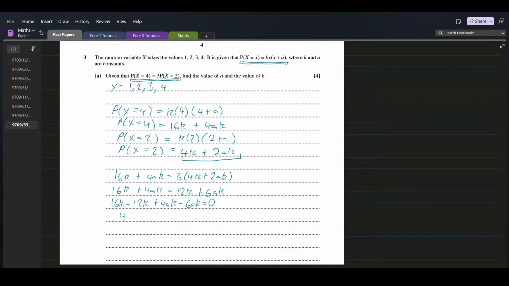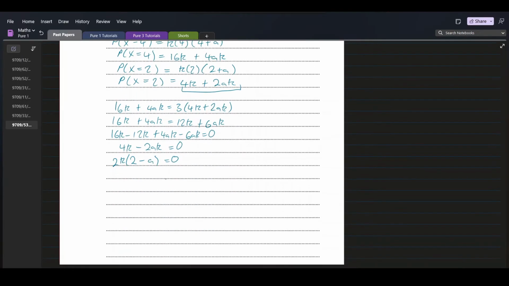So what we have is 4k minus 2ak is equal to 0. Let's factor out 2k. So that's 2k times 2 minus a, and this is equal to 0. So what we have is 2k is equal to 0, and then 2 minus a is equal to 0. So this becomes k is equal to 0 and a is equal to 2.